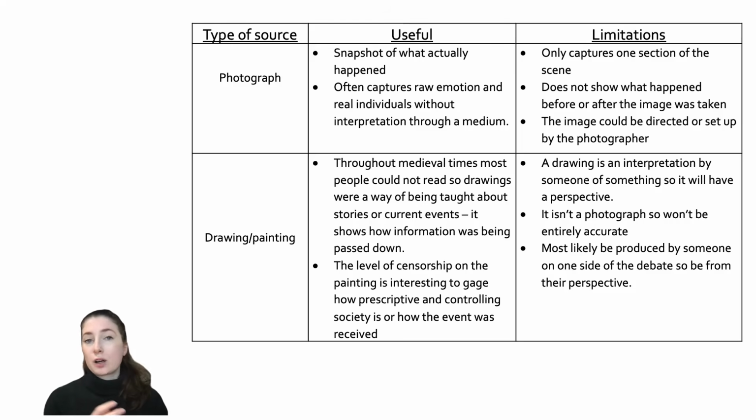We might say that, for example, we can see that there's a level of censorship in this drawing, and therefore, they've left out the fact that the rebels murdered the Archbishop of Canterbury if it was talking about the Peasants' Revolt. This shows that the king is trying to control how society is given information, and that tells us that society at the time was more controlling, or whatever it is.